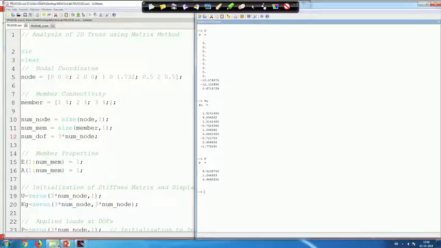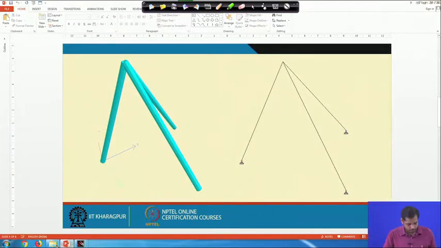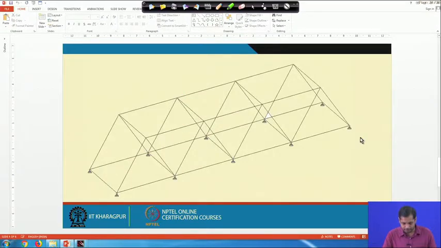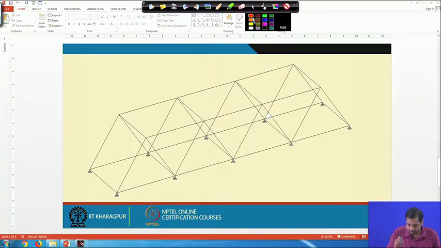Let us do a similar exercise for the second example. This is the second example, and if I draw the line diagram it will be this. Now, in this second example, let us first give the node numbering.